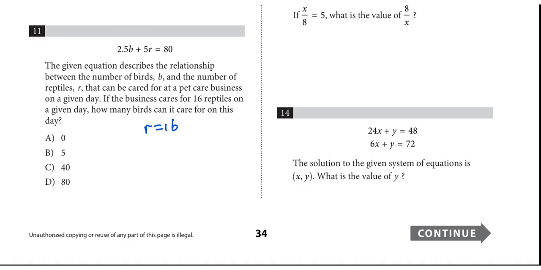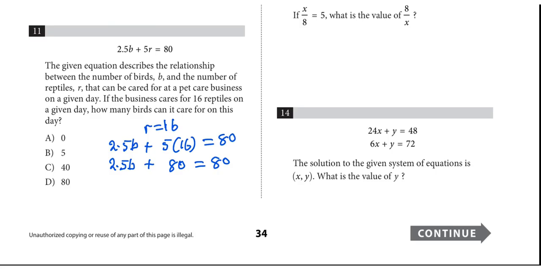R is equal to 16, so we simply need to substitute this into the equation. So 2.5b plus 5 times 16 is equal to 80.